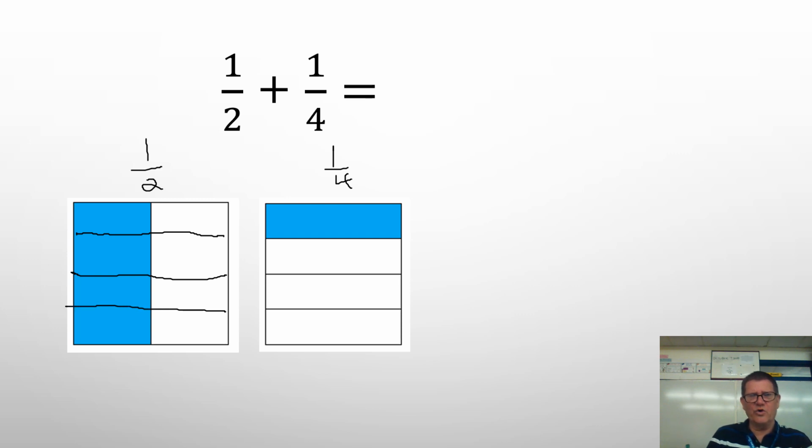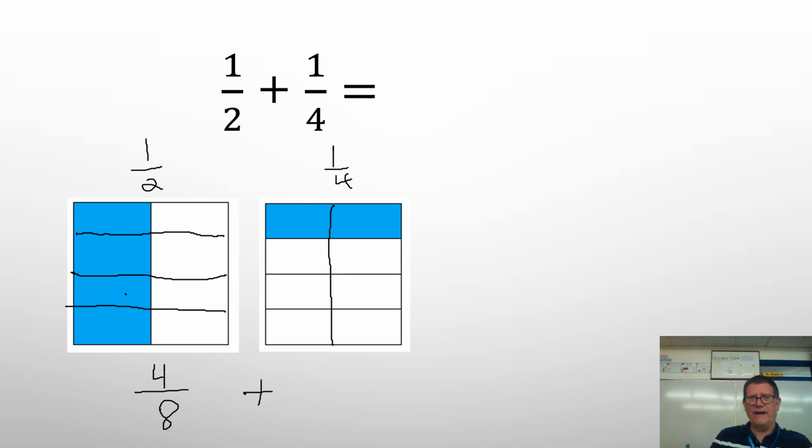Now, my one was a quarter, I'm going to split it in half. Now, if I count up how many I have: 1, 2, 3, 4 that are blue out of a total of 1, 2, 3, 4, 5, 6, 7, 8. And I can go 2 times 4 for an array, and I've got 8. So I know 1/2 is equivalent to 4/8.